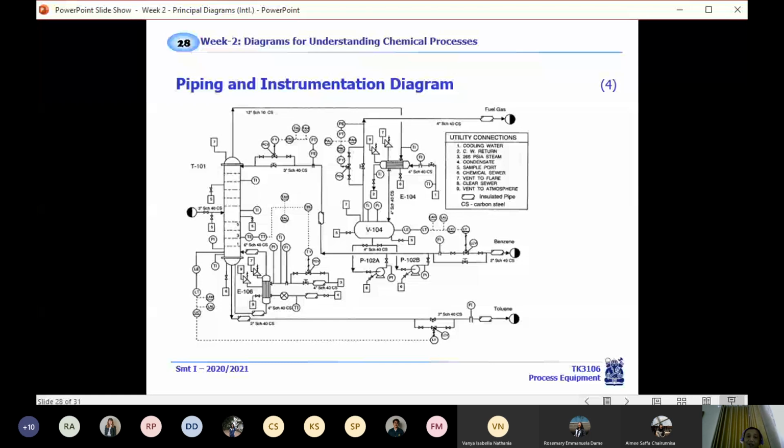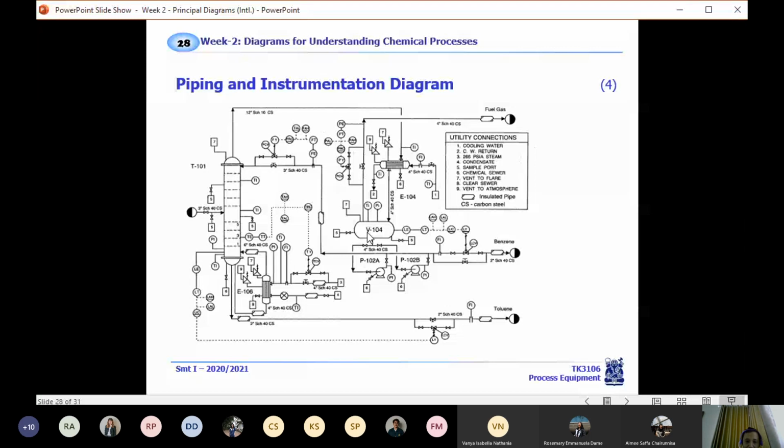Safety system, for example, this number 7. In this unit, we understand that there will be a safety system when there is a catastrophic incident, so that the fluid can be sent to the flare by using this line. Number 7.